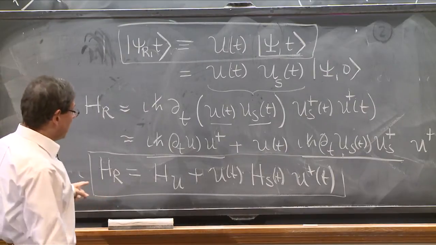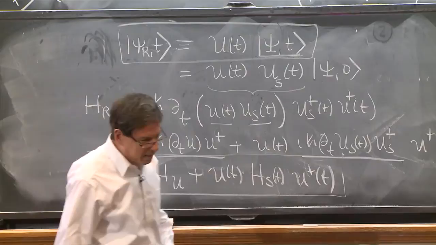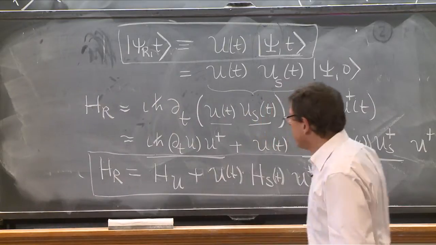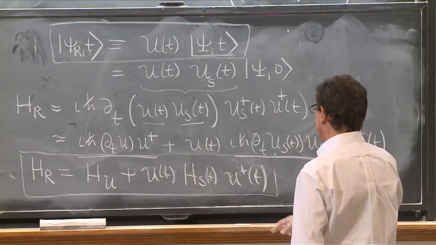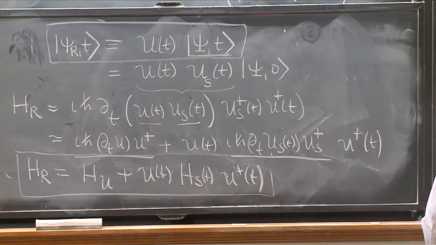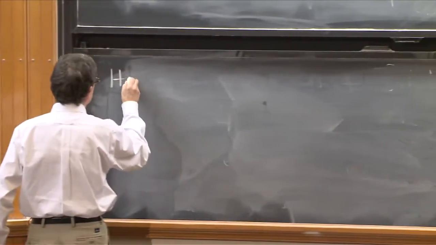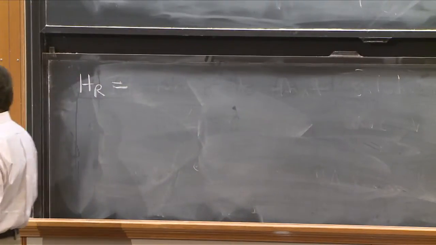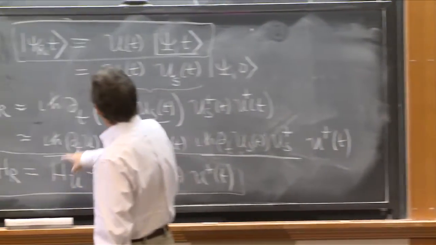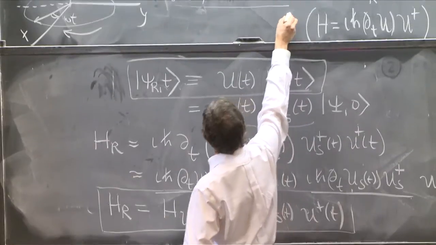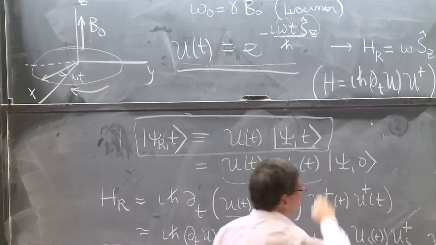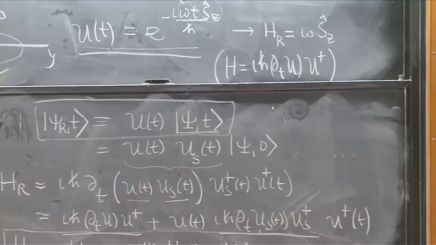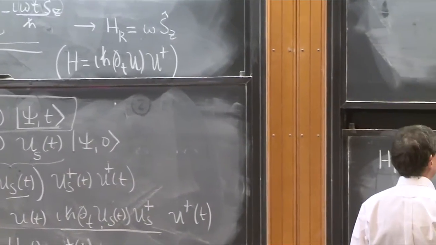Now, more concretely, now we can see what this is supposed to be. So here is the important crucial step. Let's see, H_R is supposed to be what? We now know we're going to choose U to be this thing. Therefore, H_U is omega Sz hat.